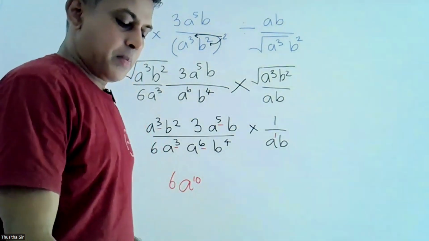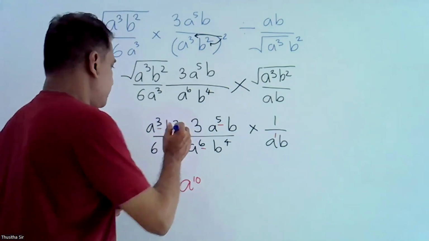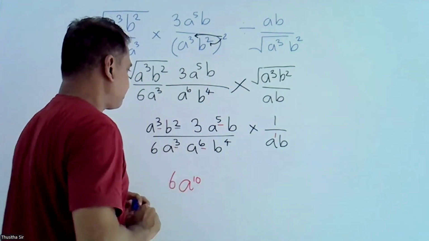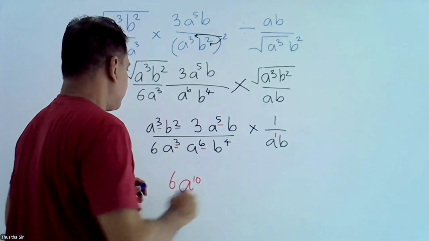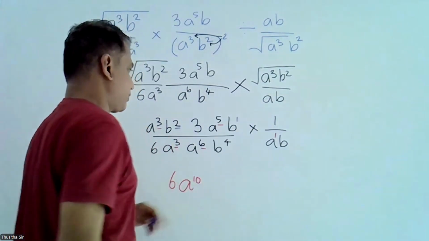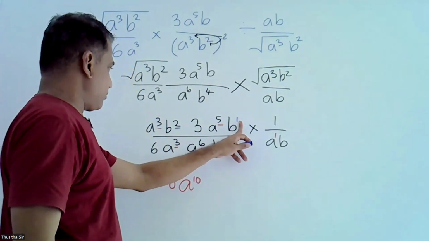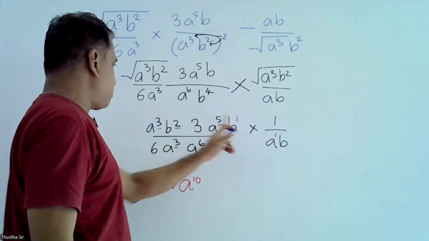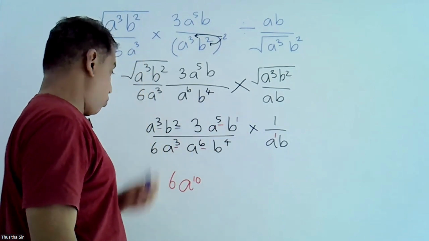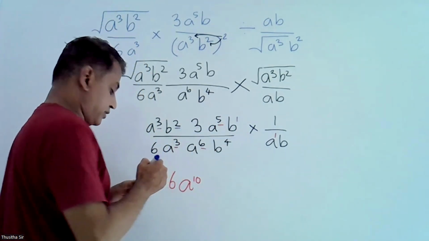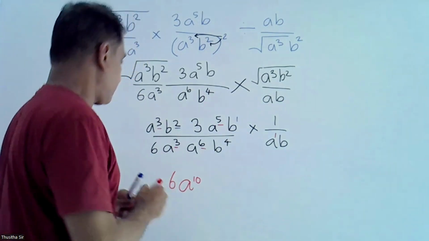Then I take b, simple b. So here 2. So here 1. We don't write it, but we can consider 1 here. So then 2 plus 1, so I write on the top now, that one.